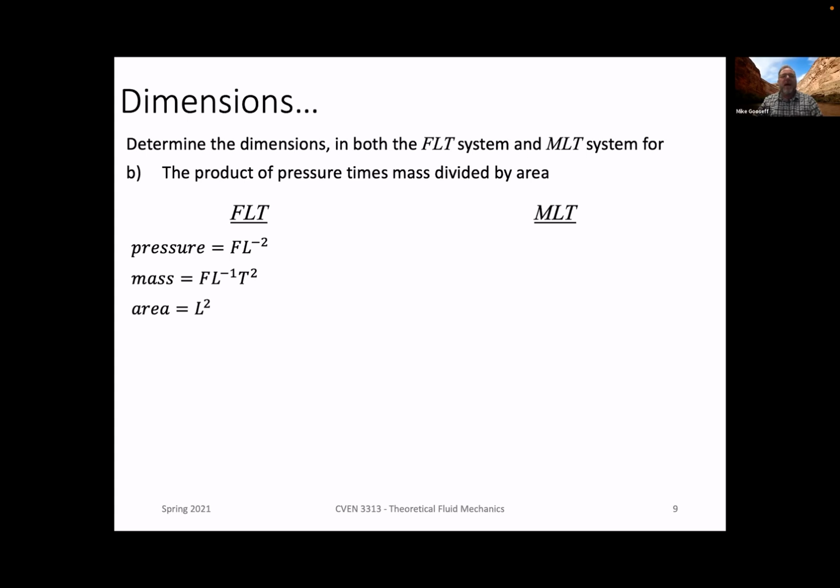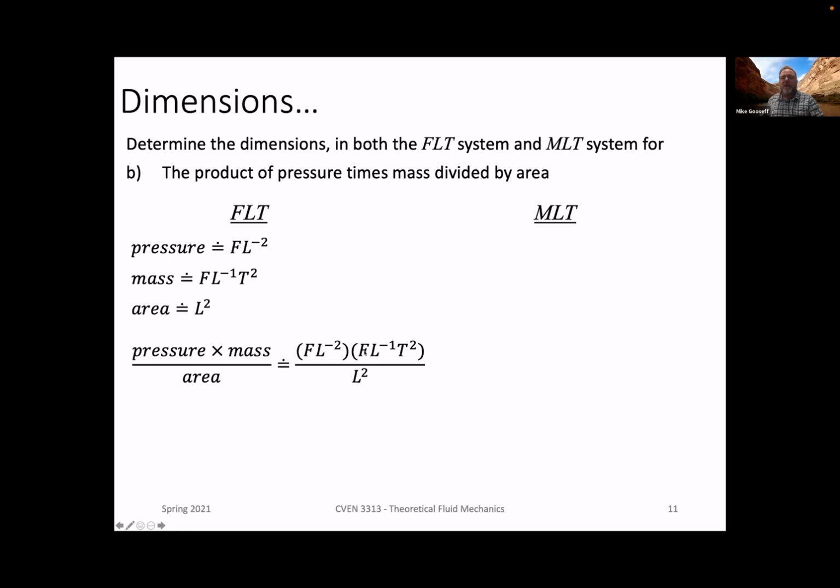And area is in length squared. Okay? So when we put pressure times mass divided by area, essentially we're just going to combine these: here's our pressure component, here is the mass component, and here is the area.